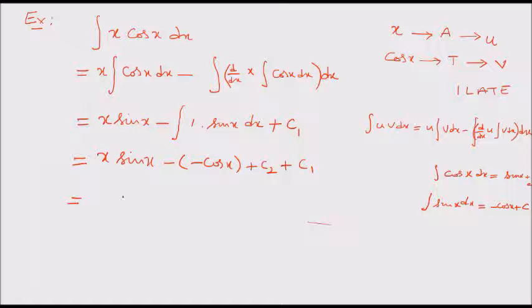So, when I write it further in proper way, x sin x, minus of minus is plus cos x plus c, where c is written as c1 plus c2. Hope you understood this, I think.